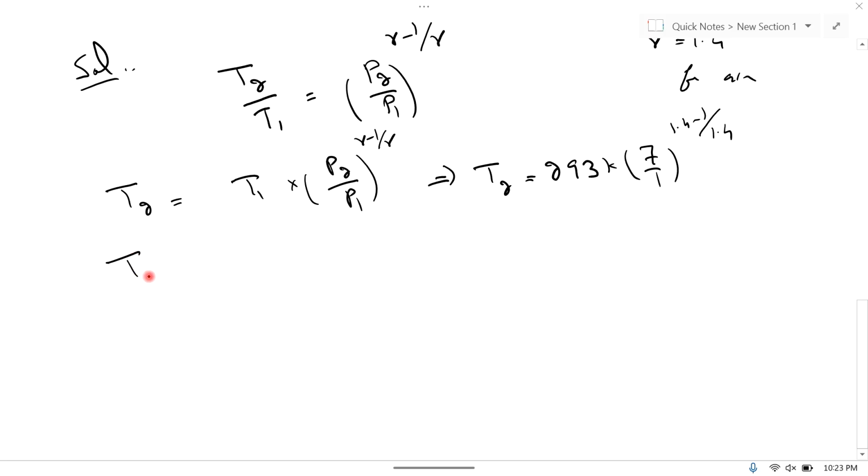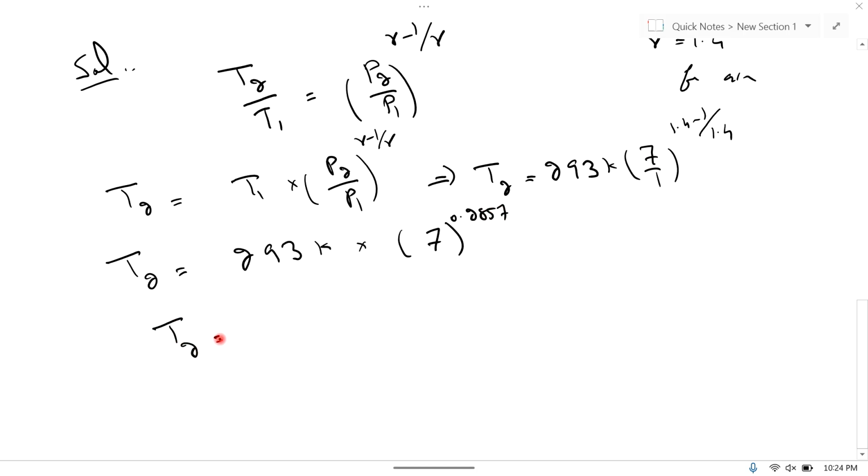T2 is equal to 293 Kelvin multiplied by 7 to the power of 1.4 minus 1 divided by 1.4. So 1.4 minus 1 is 0.4, and 0.4 divided by 1.4 is 0.2857.